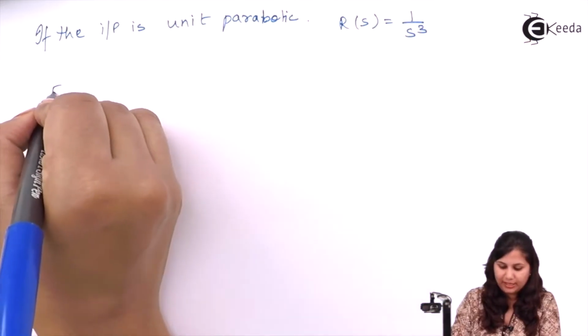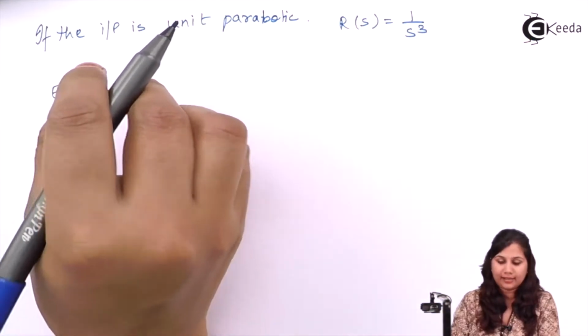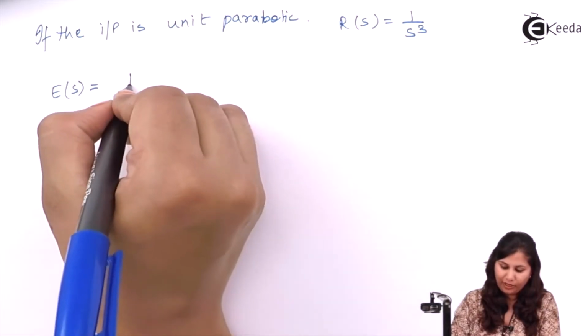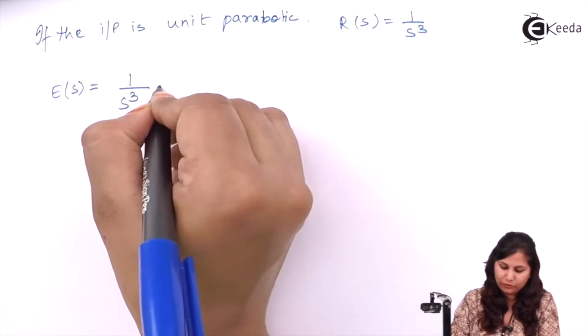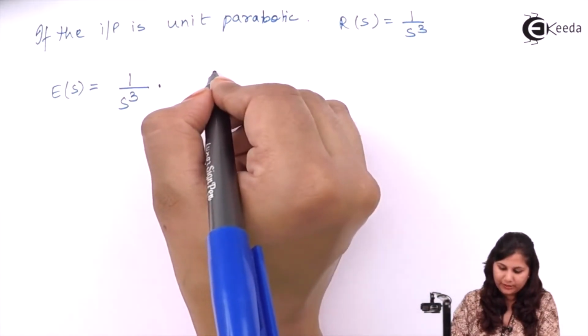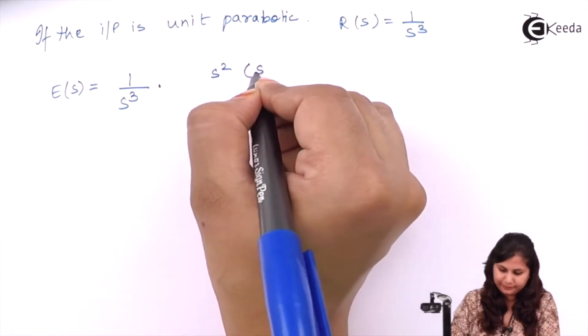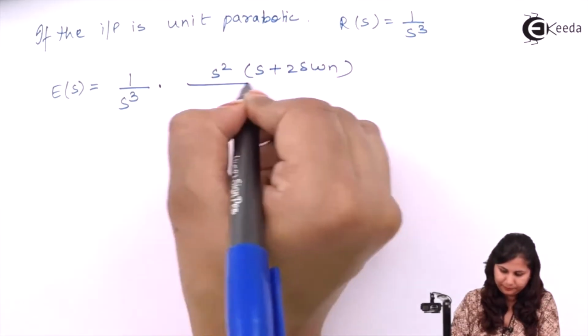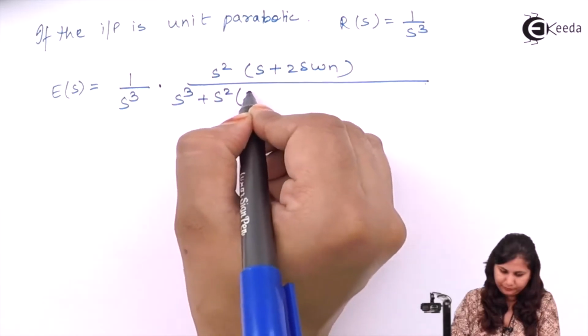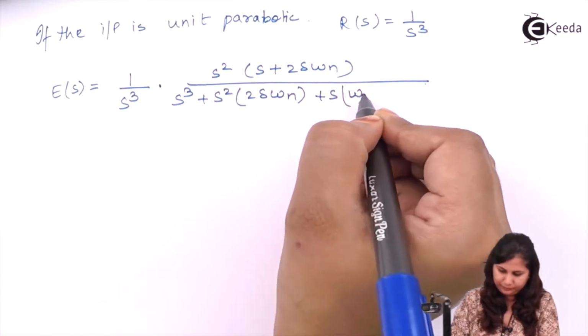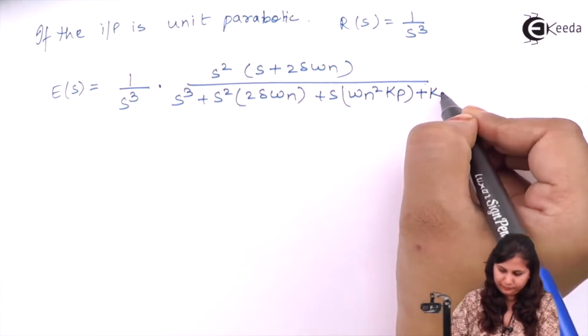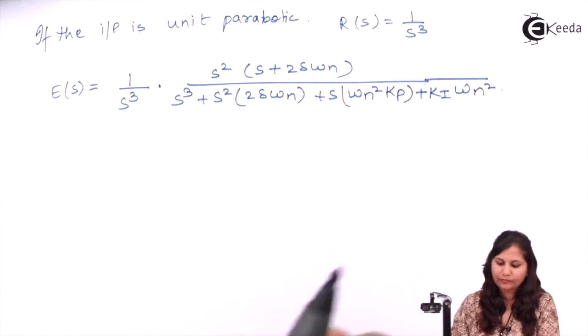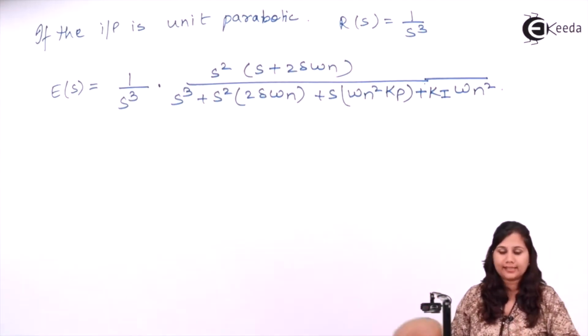So we have E(s) equals R(s) into the transfer function, put the value of R(s), this is 1 upon s cube. So this is the error signal.